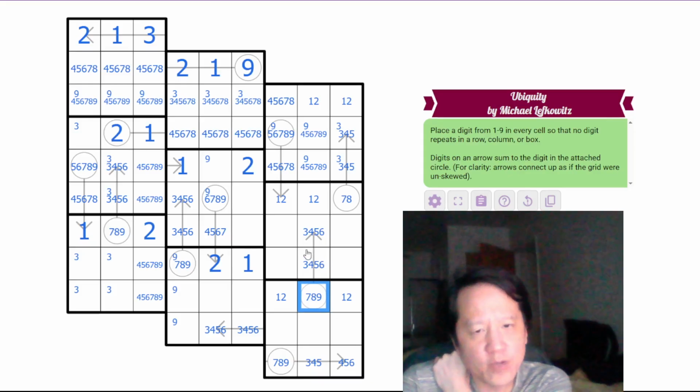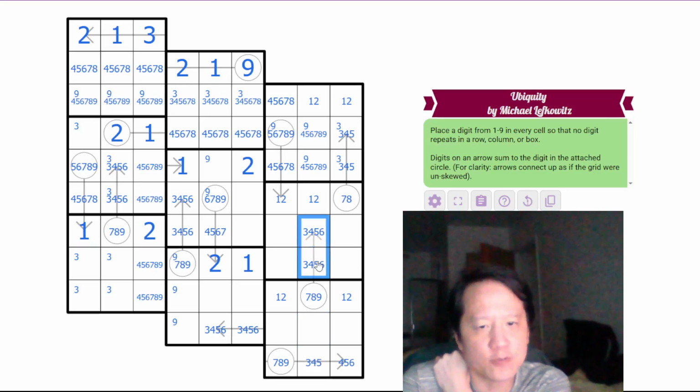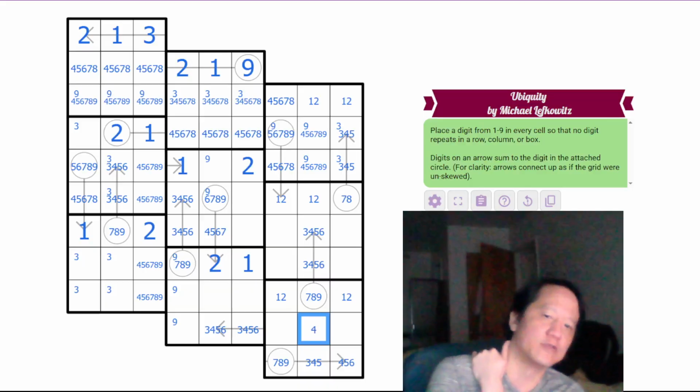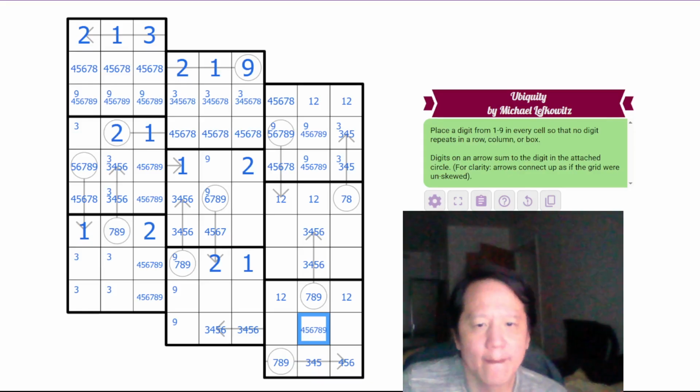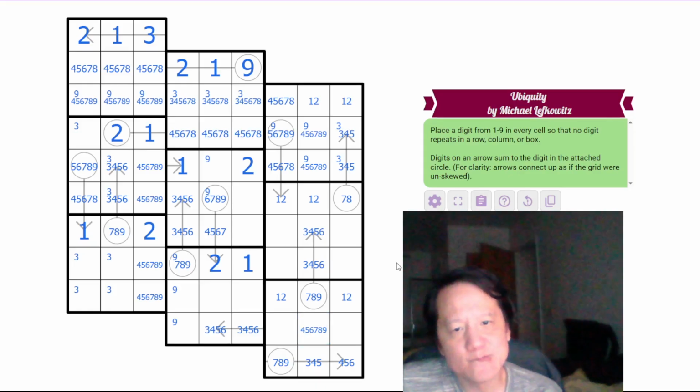Okay, this can never be 3 here. If this is 3, that forces this to be 4, 5, and this to be 4, 5, and they would both be 9. So obviously that can't be 3. This could be 4 through 9. If this is 8, this is 3, 5.